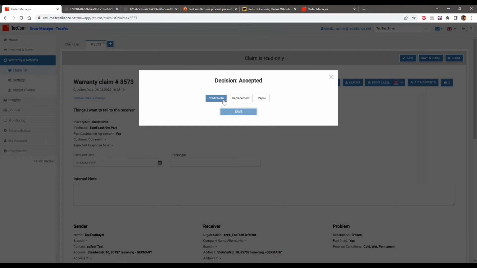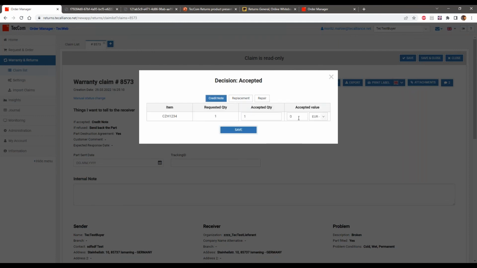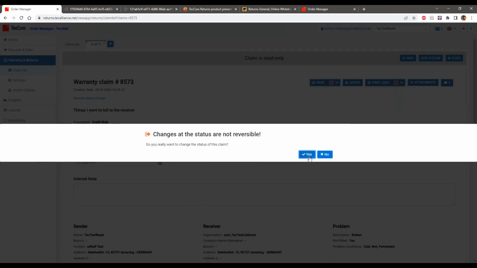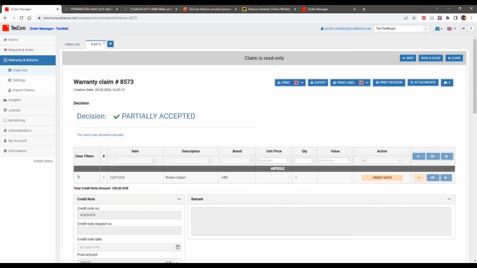Maybe he said, "You will receive a credit note and we accept, let's say, 100 euro." Save. The credit note number is this. And the final amount we said was 100. Manual status change. Yes.